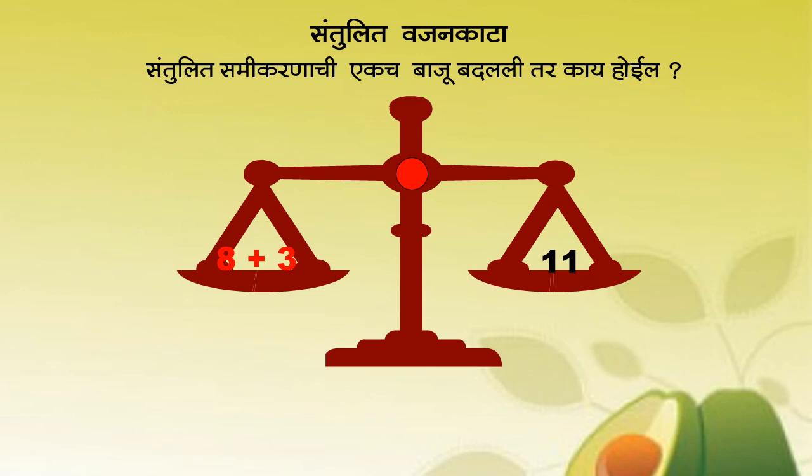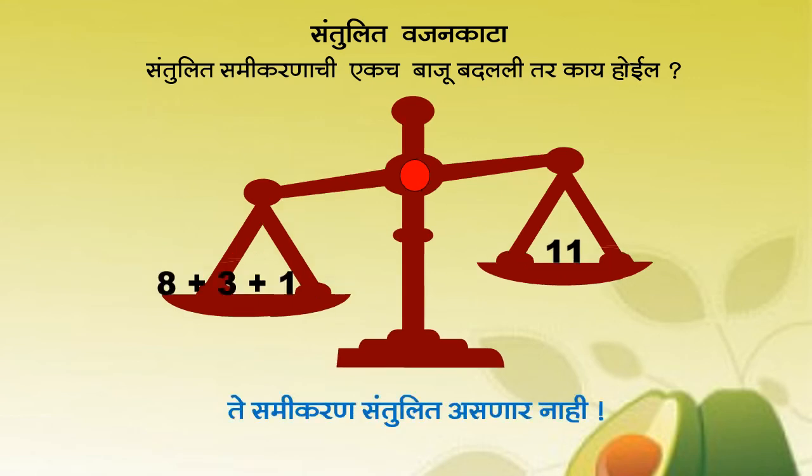Now what happens if you change one side of an equation? See here, 8 plus 3 equals 11, and on the right hand side there is 11. Now we have added plus 1 to the left hand side. What happened? This 8 plus 3 plus 1, how much is it? 12.